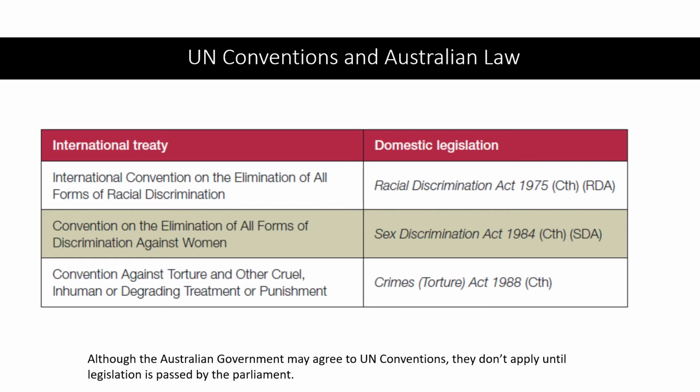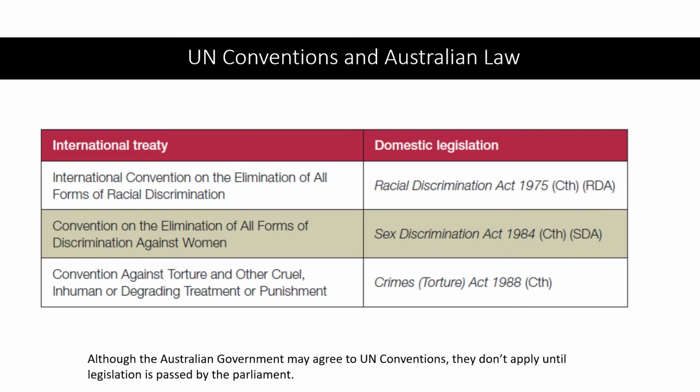And this was in 1966, and it was directly related to the UDHR. And Australia incorporated ICERD into the Racial Discrimination Act in 1975.